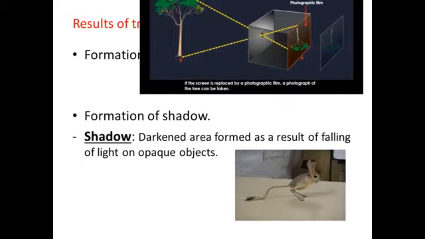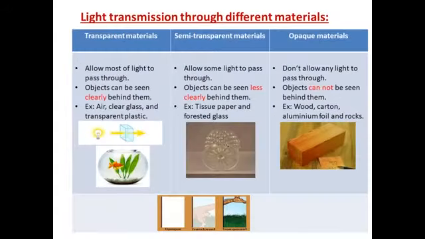That's because light travels in a straight line, then it falls on something that blocks it from traveling, forming the darkened area which is called shadow. So, shadow is a darkened area formed as a result of the falling of light on opaque objects which block or stop the passing of light through them.